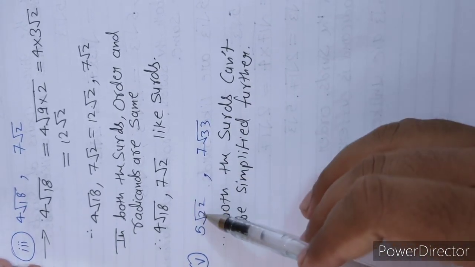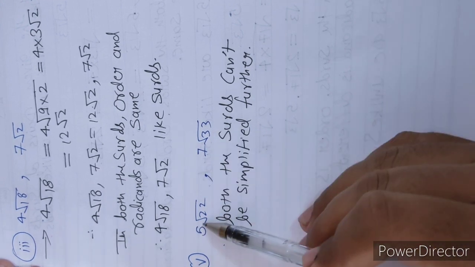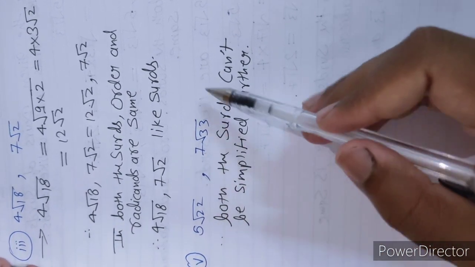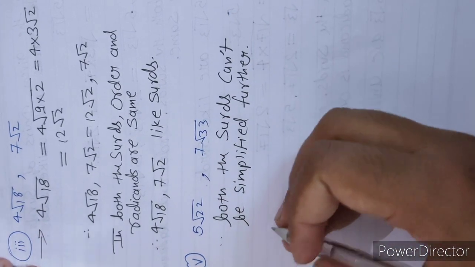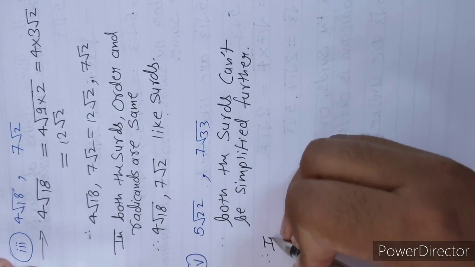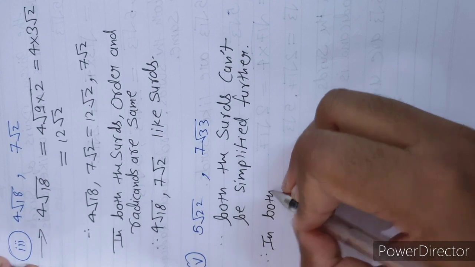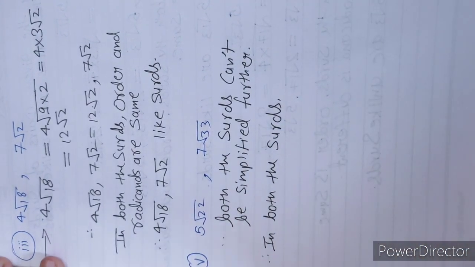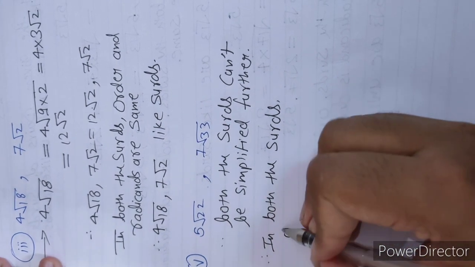So as we are observing, these surds' order is same, but we are getting different radicand. So here we will write that in both the surds, what is same?